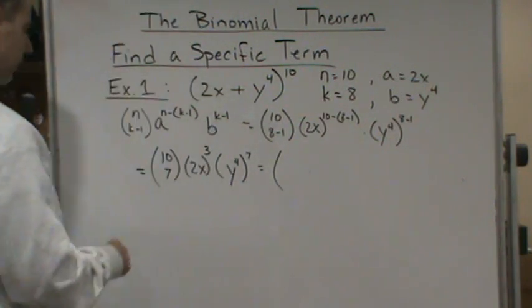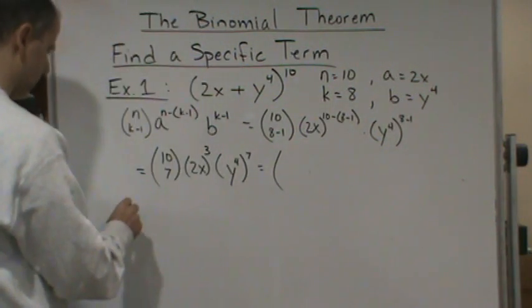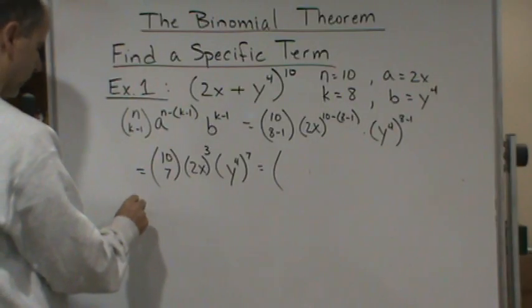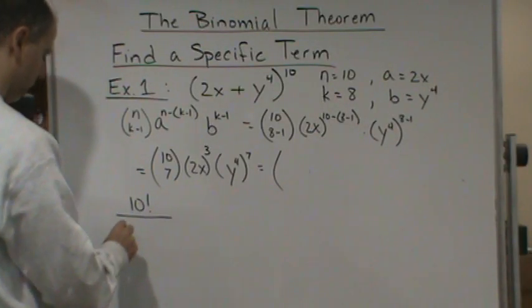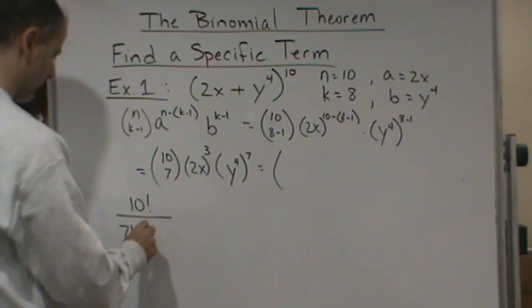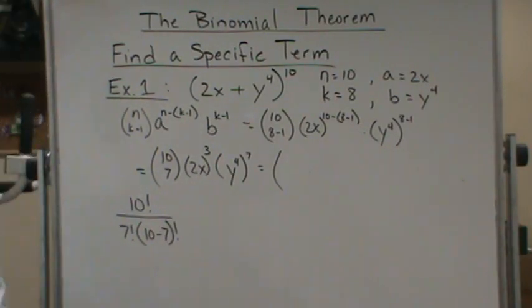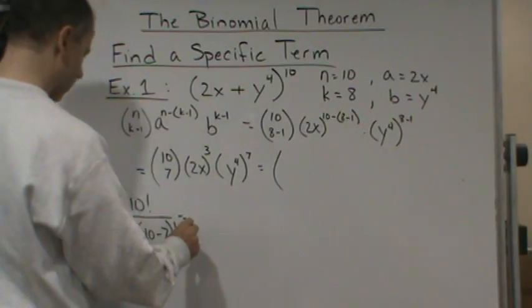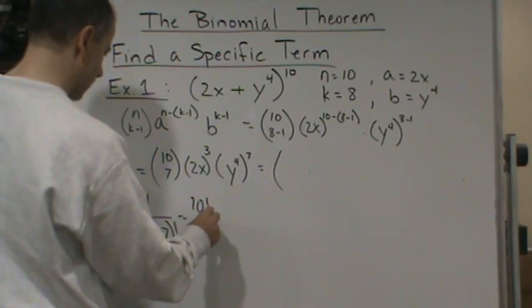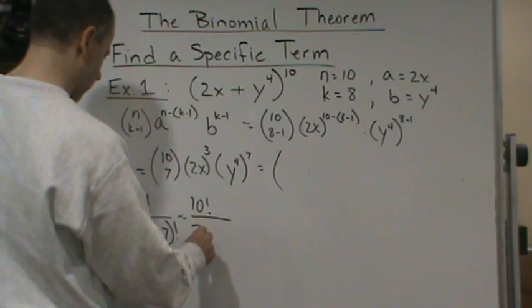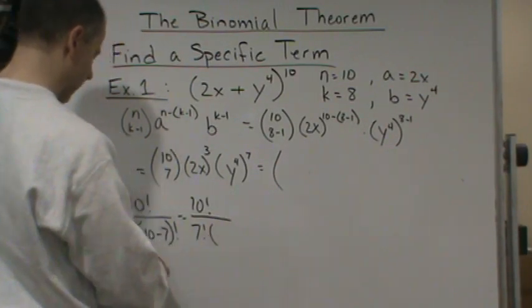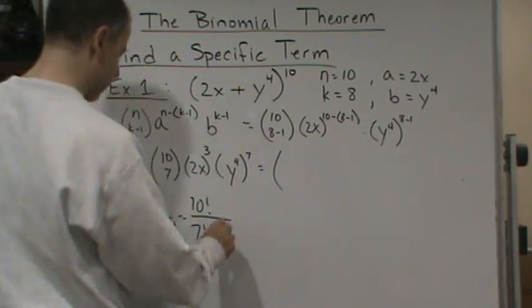So let's simplify this a little more. 10 choose 7. So let's use our formula for 10 choose 7. That's going to be 10 factorial over 7 factorial times (10 minus 7) factorial. And so this is going to equal 10 factorial over 7 factorial times what? 10 minus 7 is 3 factorial.